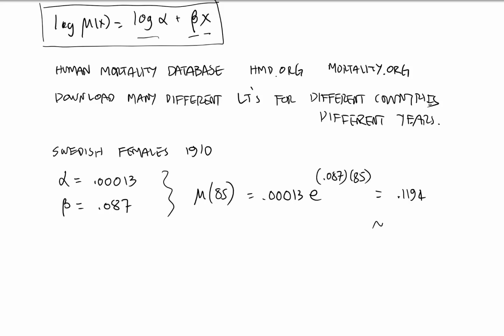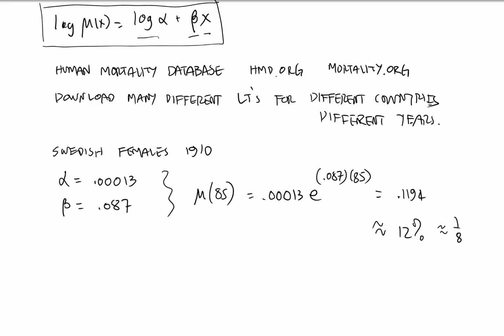So that's roughly 12%. So that's roughly 1/8. So if you were an 85-year-old Swedish woman, your chance of dying this next year, your mortality rate in this next year, is roughly 12%. That's 1/8.